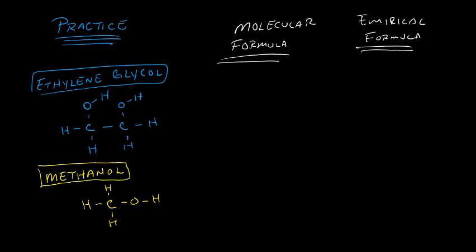All right, so for ethylene glycol, we've got two carbons. Right? We've got, looks like 1, 2, 3, 4, 5, 6 hydrogens and two oxygens. Right? Oops, left off my two oxygens. So for the empirical formula, we just have to find the lowest common multiple of all of these numbers here and then rewrite that in the lowest possible ratio.